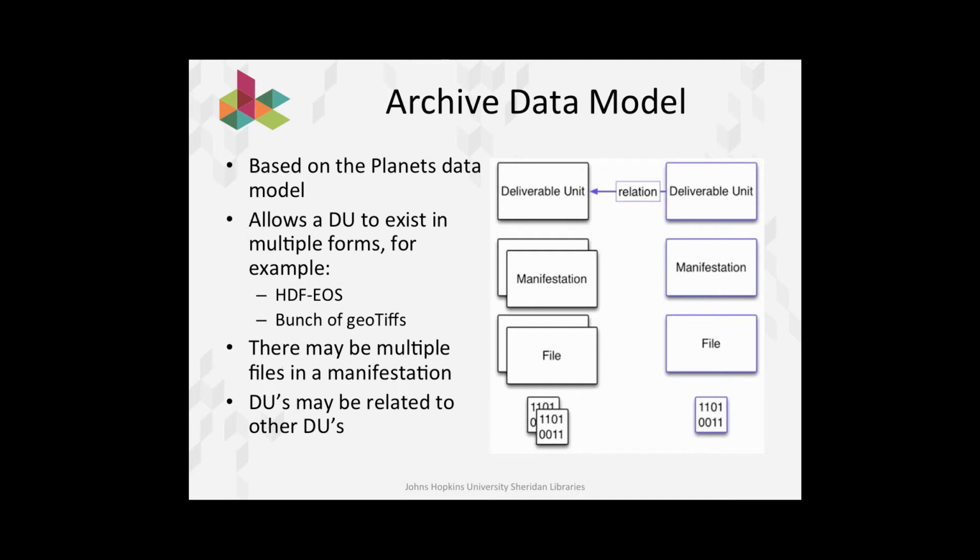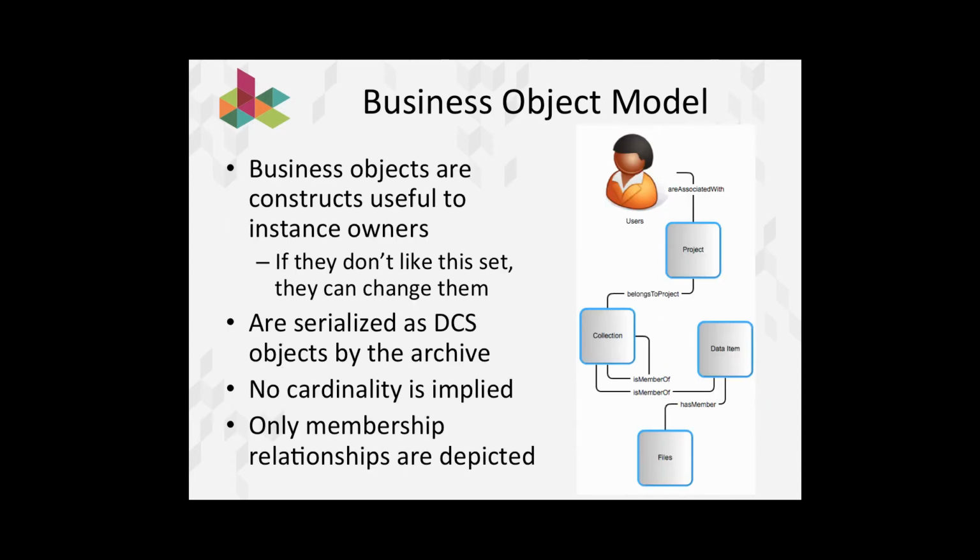As you might expect, all of the business objects, projects, collections, data items, files in the business layer map to one or more deliverable units in the archive. While the archive data model is rather abstract, the business object data model is made up of objects that are useful to people managing a Data Conservancy instance or trying to do research.